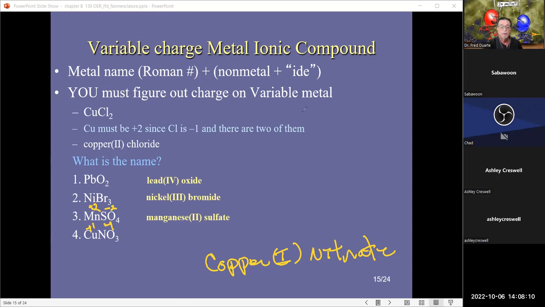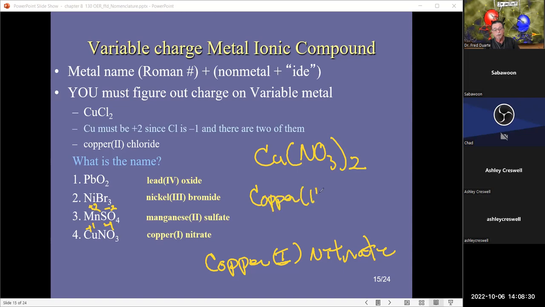So this name would be copper 1 nitrate. Now, if we had this species using copper, that would be copper, Roman numeral 2, nitrate.